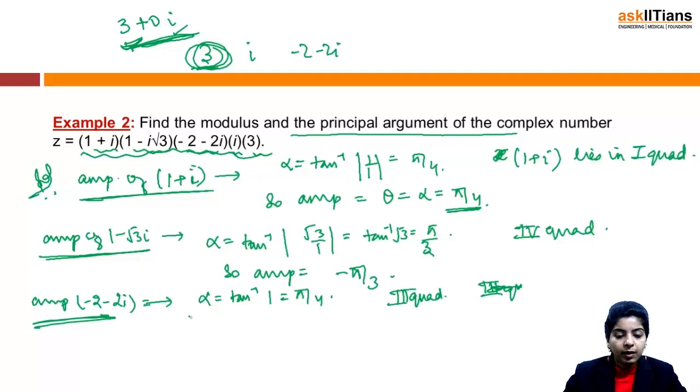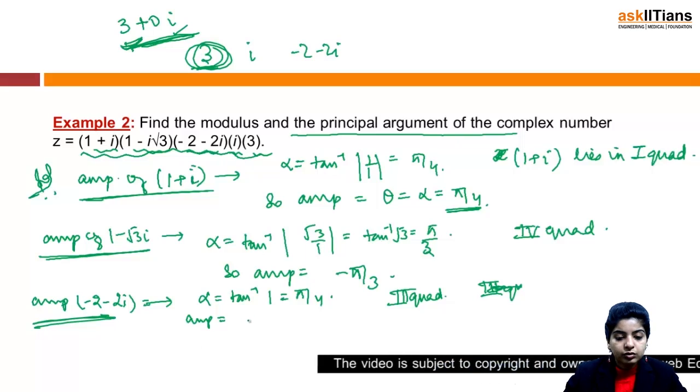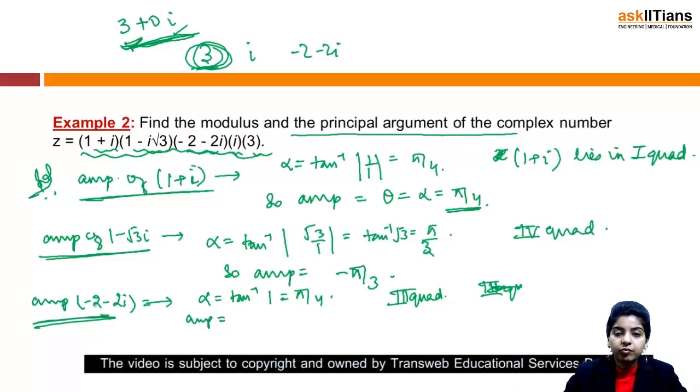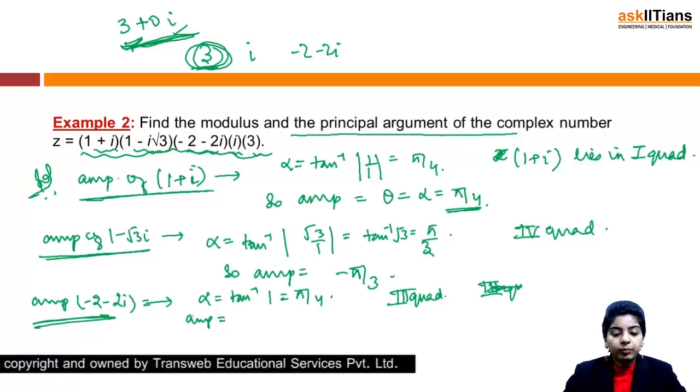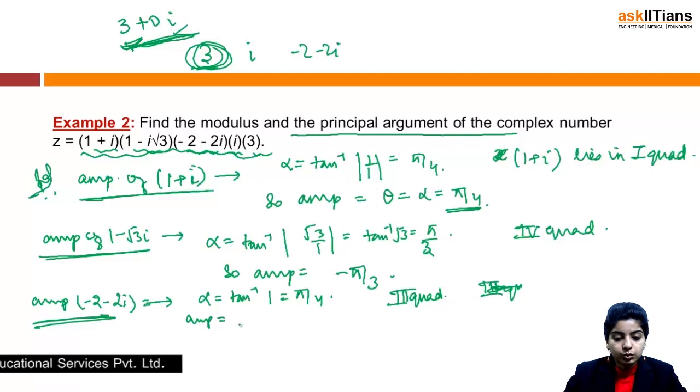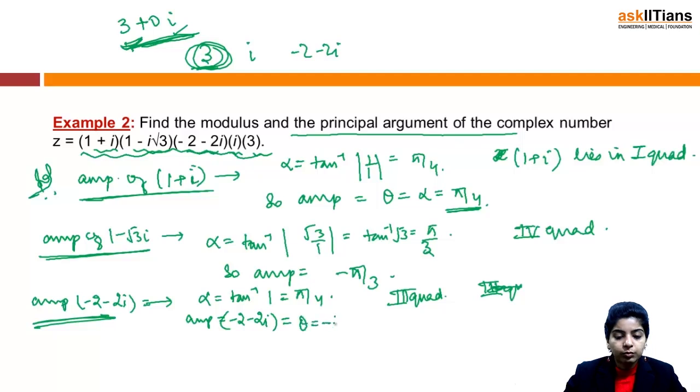Therefore the amplitude of minus 2 minus 2i, theta, would be equal to minus of pi minus alpha, which is minus of pi minus pi by 4. Pi minus pi by 4 becomes 3 pi by 4, so we have it as minus 3 pi by 4.